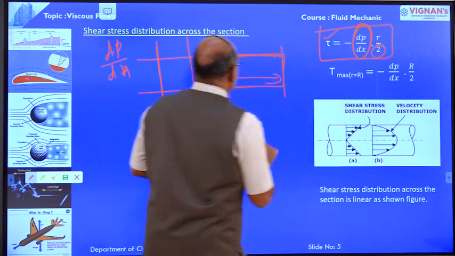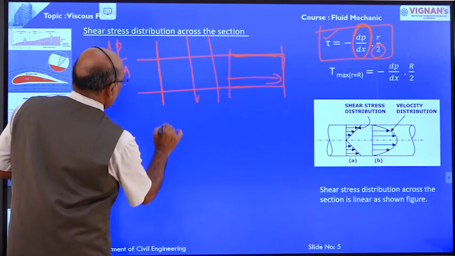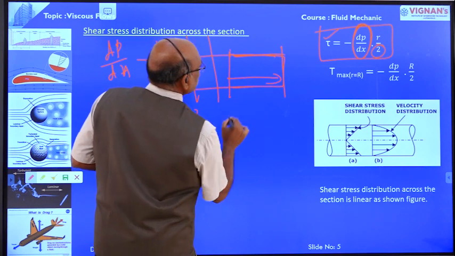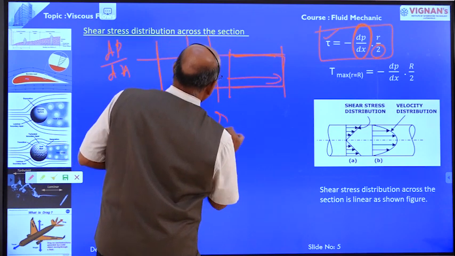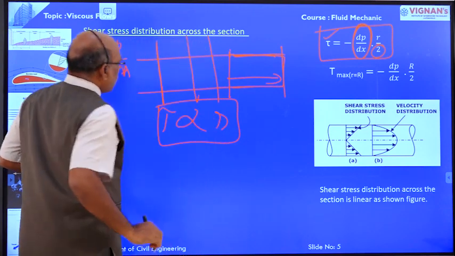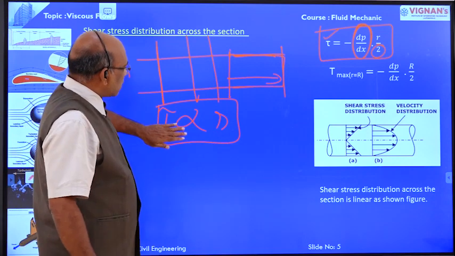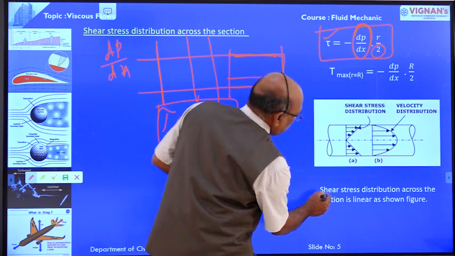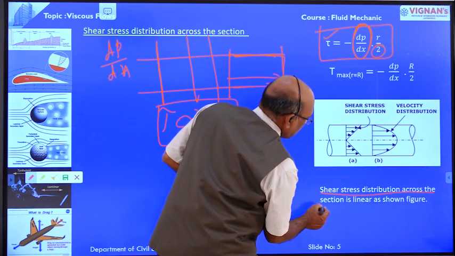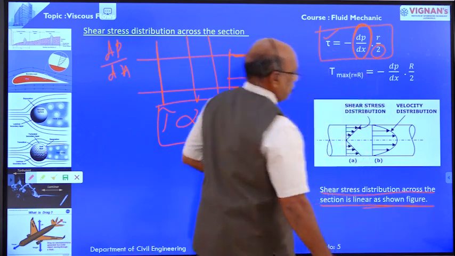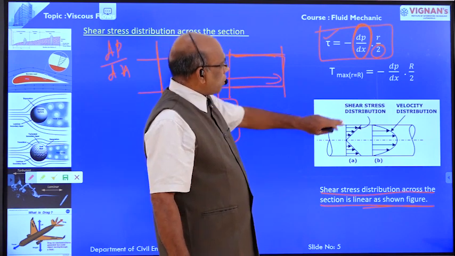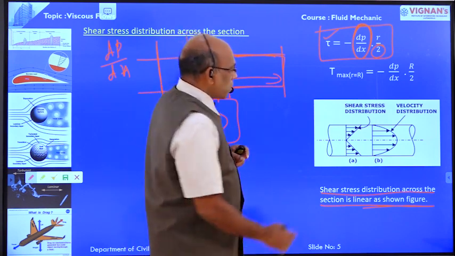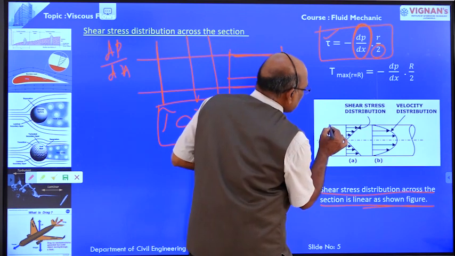Therefore shear stress tau is directly proportional to r. Therefore the shear stress varies with respect to r, or the shear stress distribution across the section is linear. This is the shear stress distribution. Please, all of you, this is the pipeline.